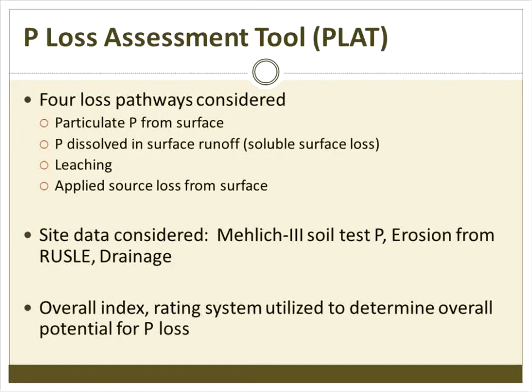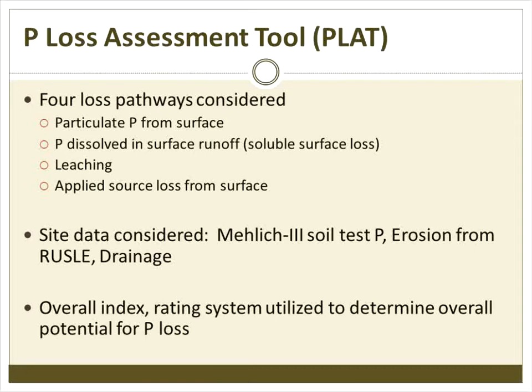And so that kind of introduces this concept of the phosphorus loss assessment tool, what we refer to as PLAT. It has 4 loss pathways considered: you have the particulate soil phosphorus, the dissolved soil phosphorus, leaching losses, and then sources from the dissolved portion of the phosphorus fertilizer material itself, whether it's manure or something like that.